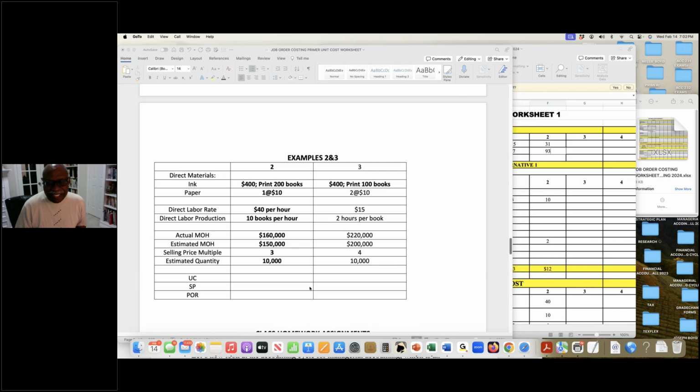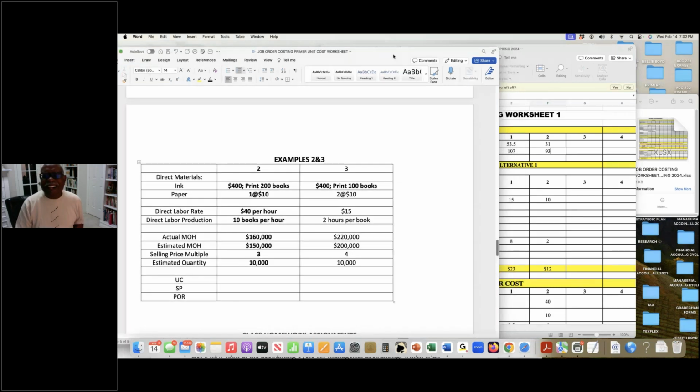Wouldn't it be 24? No, because you have two books for $10. So you gotta divide it to get the price. You get $5 per book. That's the unit cost. Oh my gosh. Okay, bet. Thank you. You're welcome.